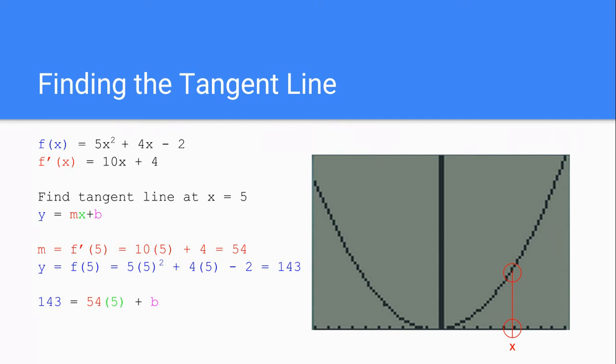And the only thing I don't know is b. And so I can simply solve for b by subtracting 54 times 5 from 143, and I get negative 127 as b. So now we know b and we know m, so we can conclude that our tangent line is y equals 54x minus 127.